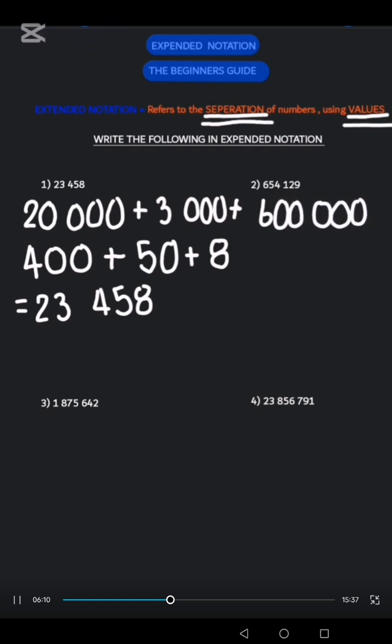Then we add a positive sign to show that we have moved on to the next number, and we scratch out the number 6. The next number we see is 5, and we look at how many digits there are on the right hand side, and we change those digits to the number 0.